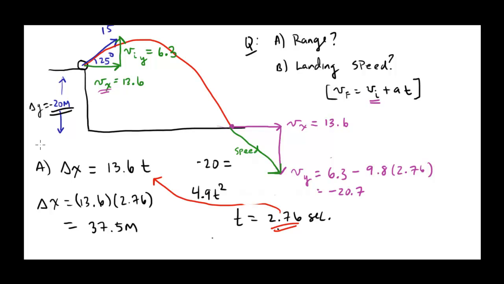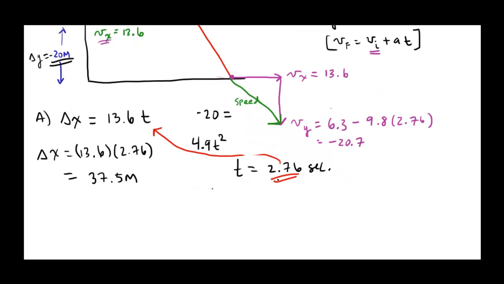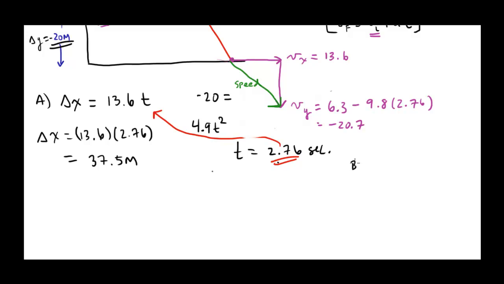All right, well, what's the final speed then? So I'm doing part B now. Move down here for part B. The final speed is going to be the vector sum of this and this, right? So it's going to be the square root of 13.6 squared plus negative 20.7 squared.